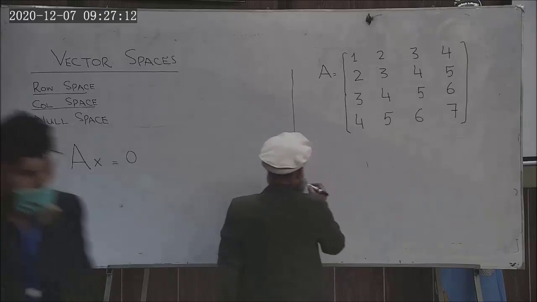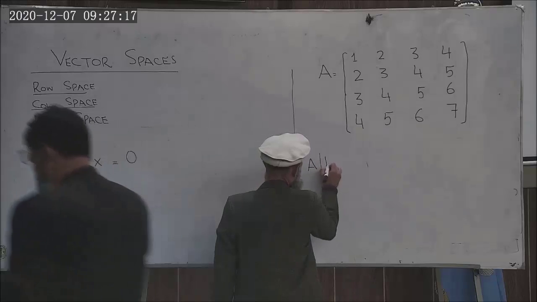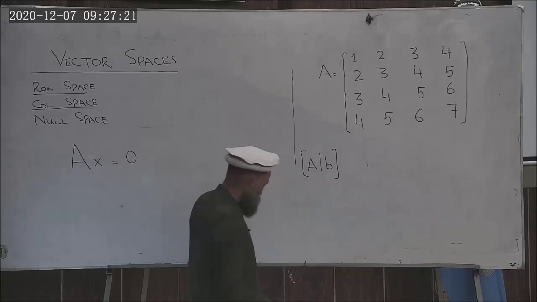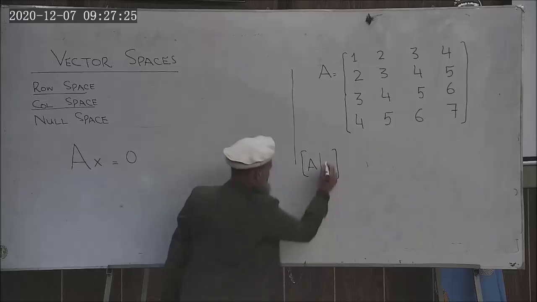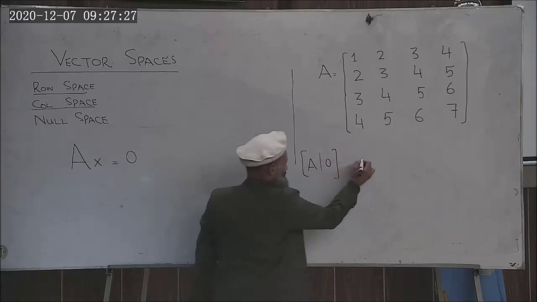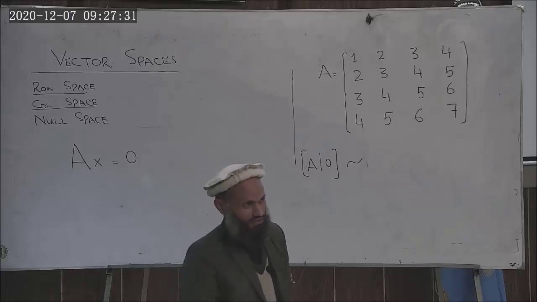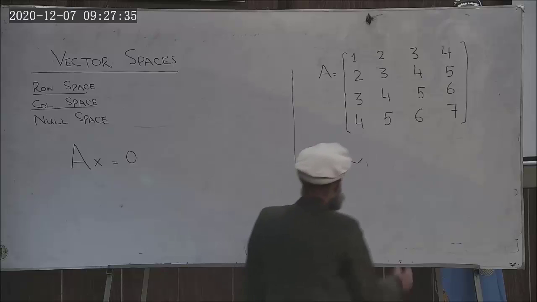So performing elementary row operations on this matrix A, B, B is the right hand side of this system of equation, which in this case is equal to 0, and then you perform elementary row operations on this system of equations. You know now how to perform those operations.